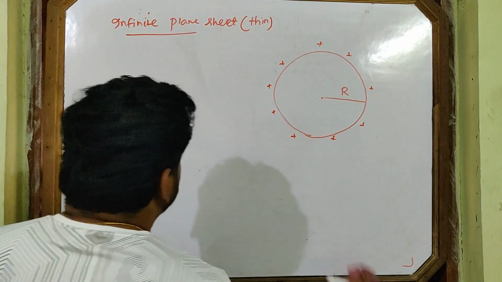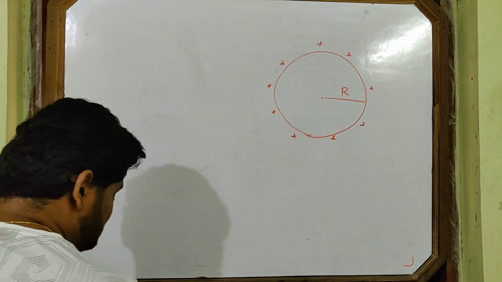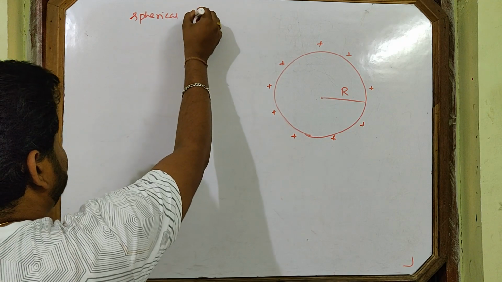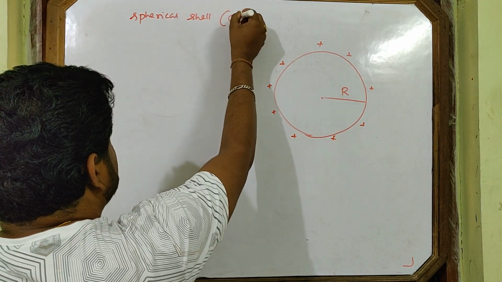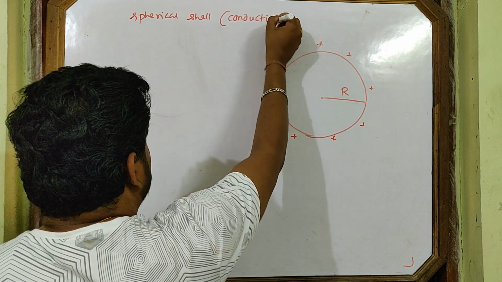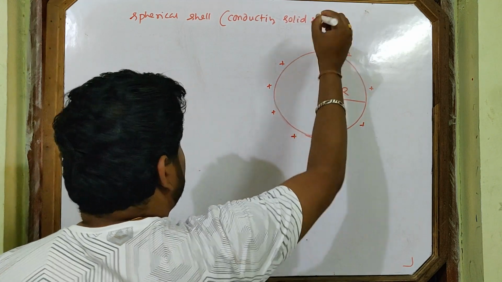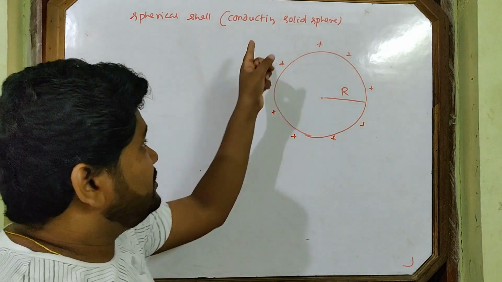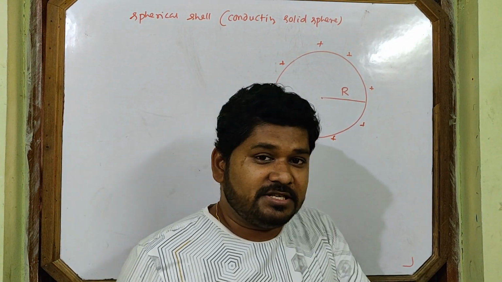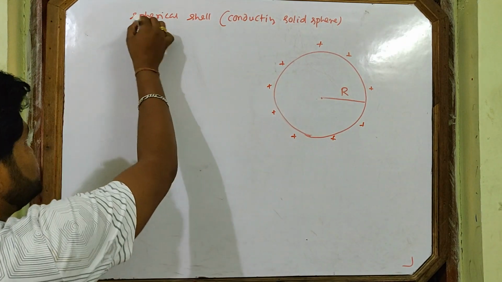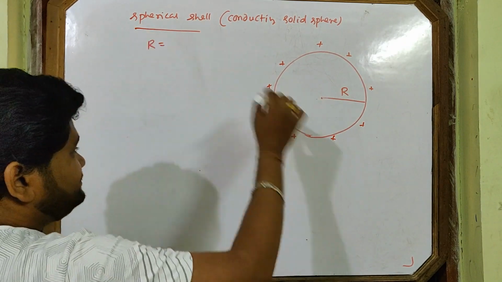A spherical cell is the same as a conducting solid sphere. The same thing happens, because I told you that in a conducting solid sphere, charges reside on the surface. So R is the radius of the spherical cell.